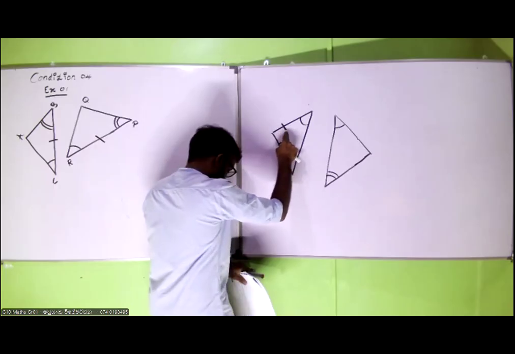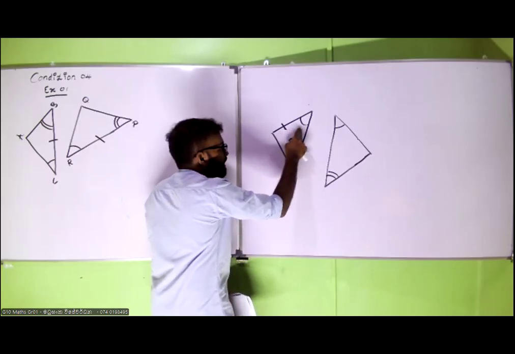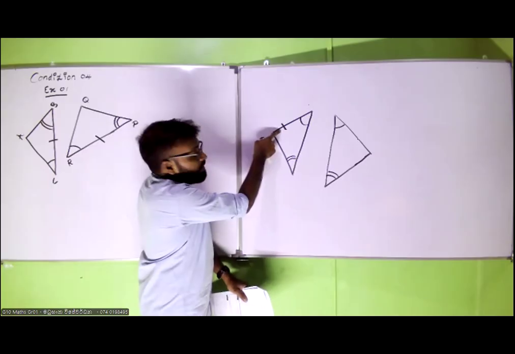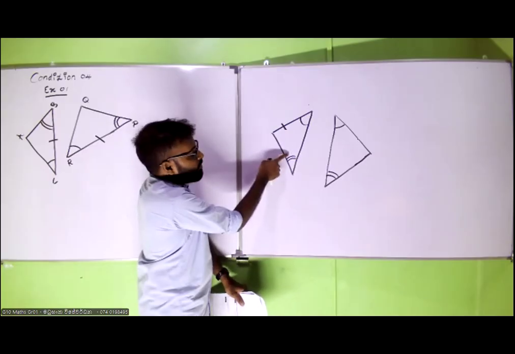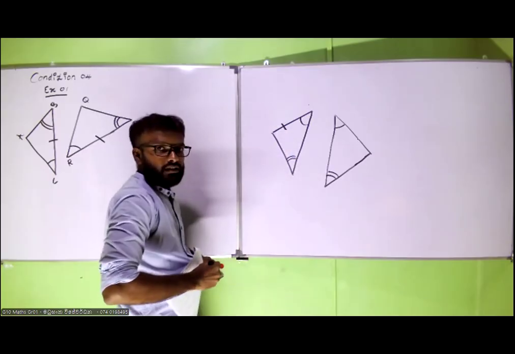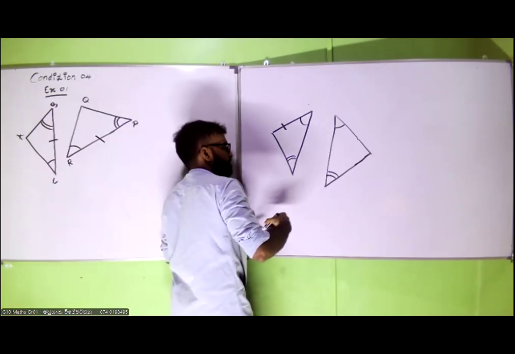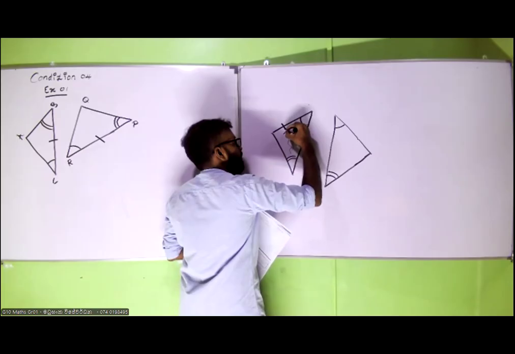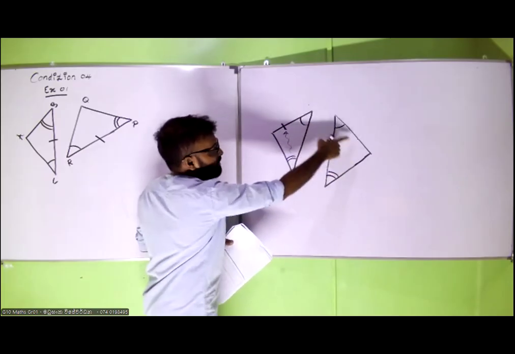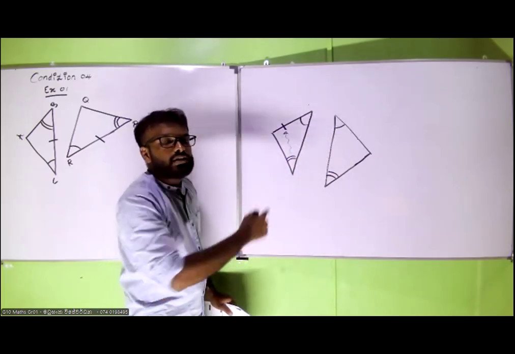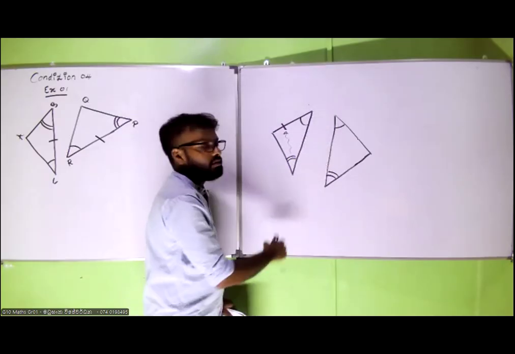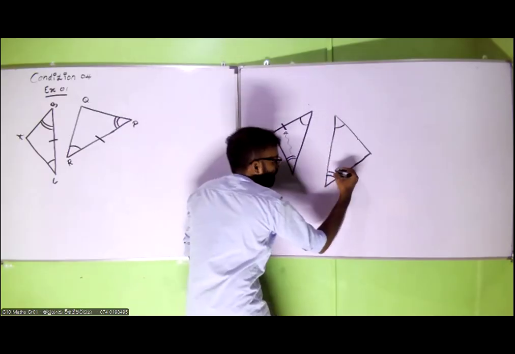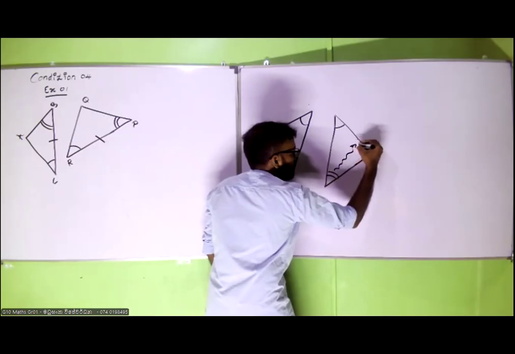This is the side. This is the angle. This side is in front of this angle. So in this triangle, what is the corresponding side for this? This should be the corresponding side.